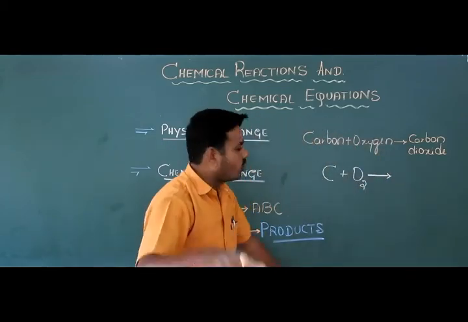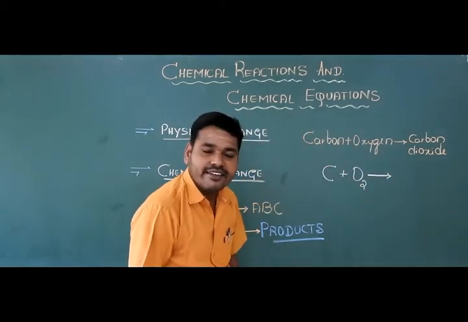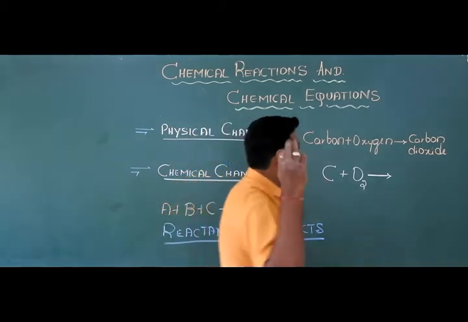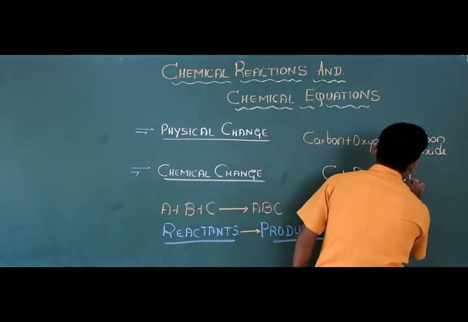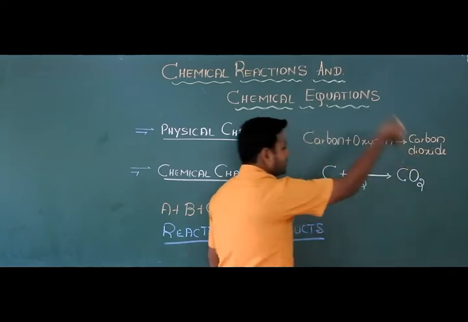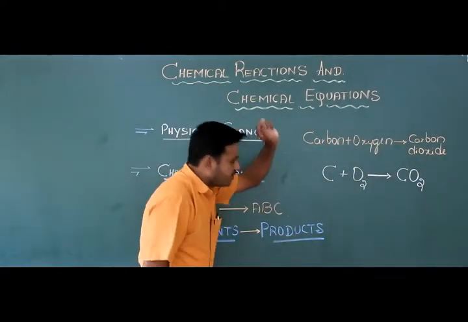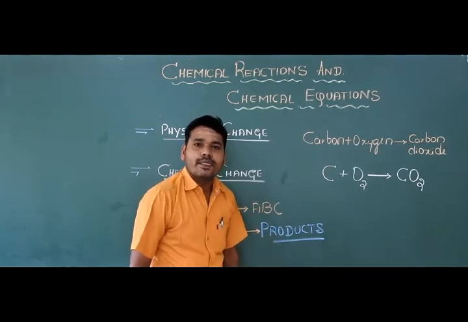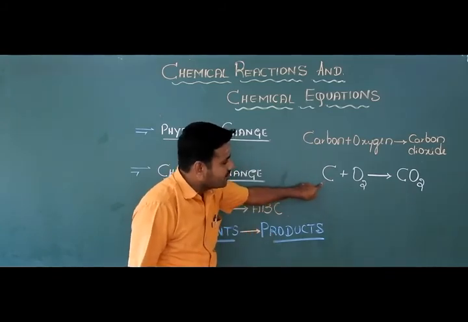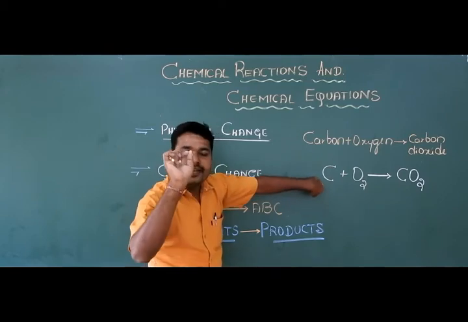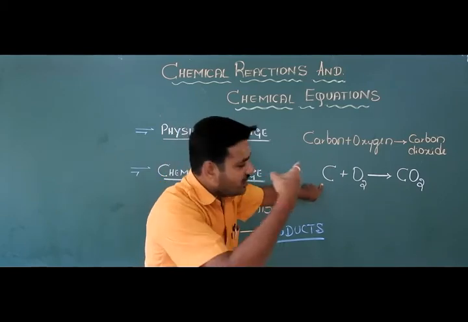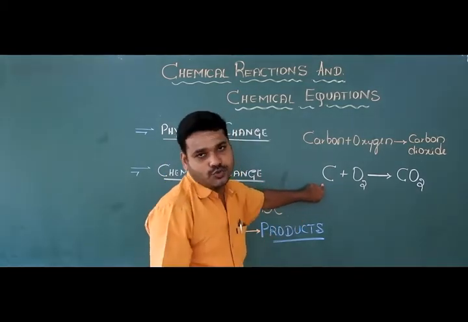Tell me, students, what is the formula of carbon dioxide? Very good. CO2. So this is a chemical reaction and this one is called a chemical equation, students. In this chemical equation, the symbols and chemical formulae of the chemical substances are used.